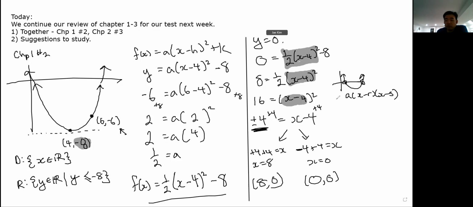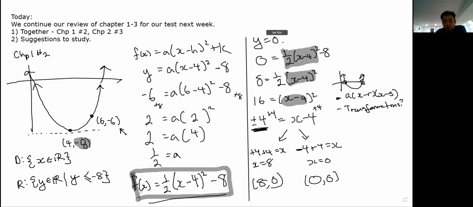Oh, here's another one. After getting you to write the equation, I might ask you, hey, what are the transformations? Like, what if once you calculated this function, the vertex form also happens to be the same form that uses AKDC, right?